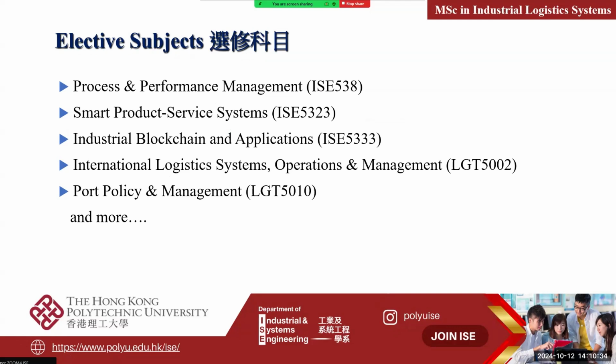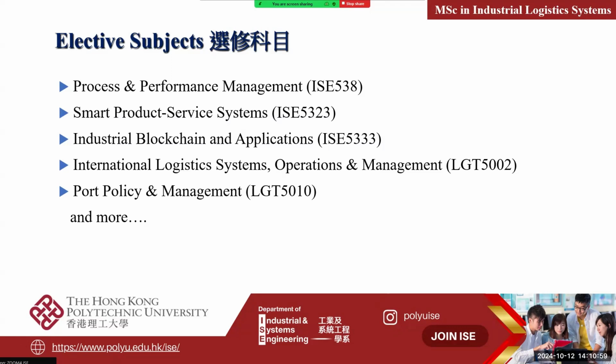For now, some students tell me that in future they would like to work in the port. So of course you can choose port policy and management. Some of you tell me for now I would like to work in the logistics department of a high-tech company, like Xiaomi or Huawei. So what should I do? Of course you can choose smart product service system.